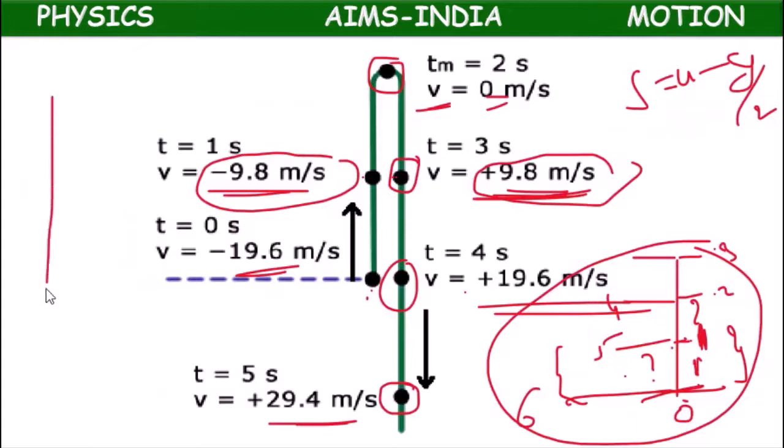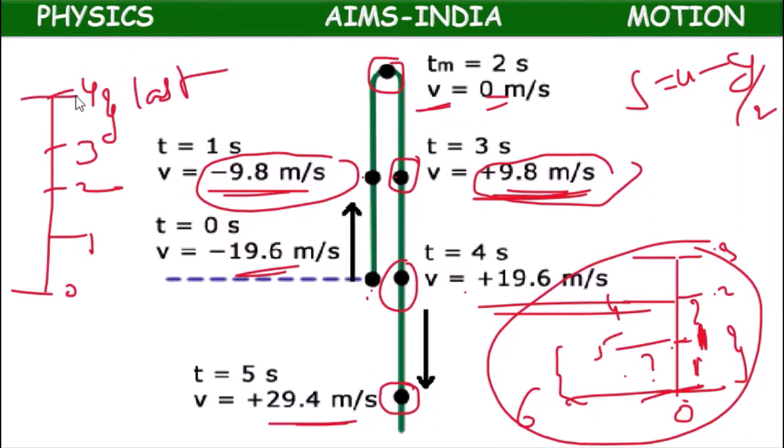Here 0, 1, 2, 3, 4: this 3 to 4 second is the last second in the upward journey, and 4 to 5 second is the first second in the downward journey.